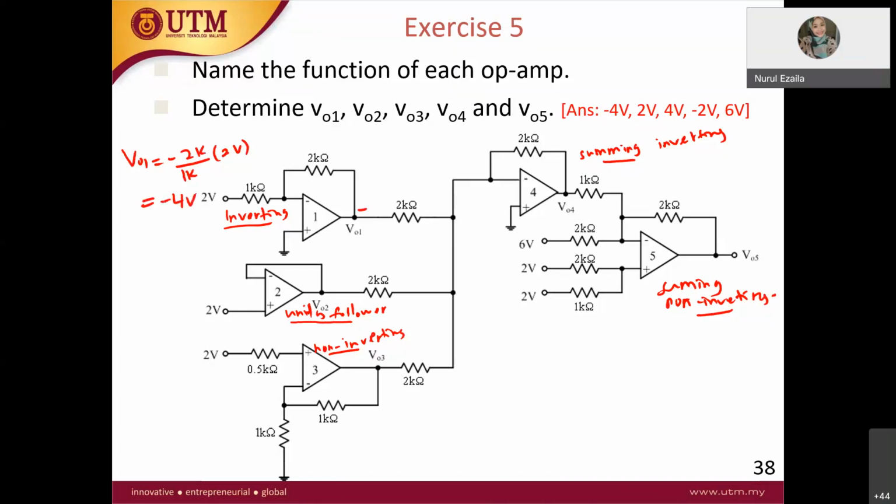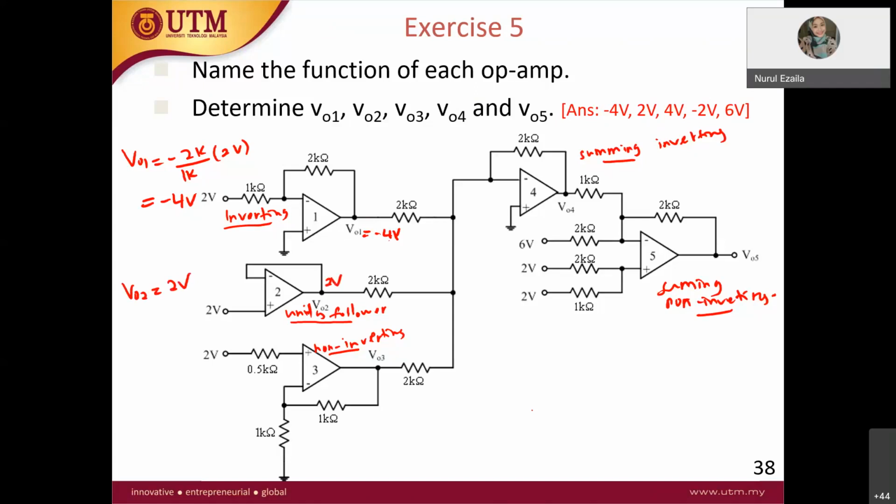Did you get the answer, negative 4 volt for the V out 1? Yes, great. For op-amp 2, it is a unity follower, which is quite straightforward. Therefore, V out 2 is equal to 2 volt.